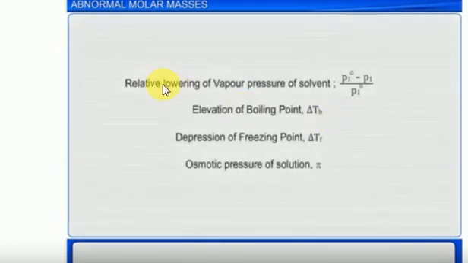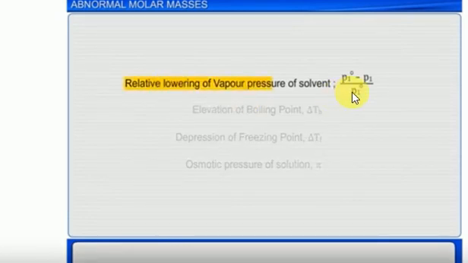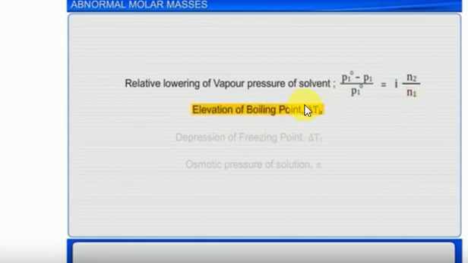The modified equations for colligative properties using van't Hoff's factor can therefore be written as: relative lowering of the vapor pressure of solvent, P1 naught minus P1 divided by P1 naught, is equal to i multiplied by n2 divided by n1. Elevation of boiling point, delta Tb, is equal to i multiplied by Kb multiplied by m.